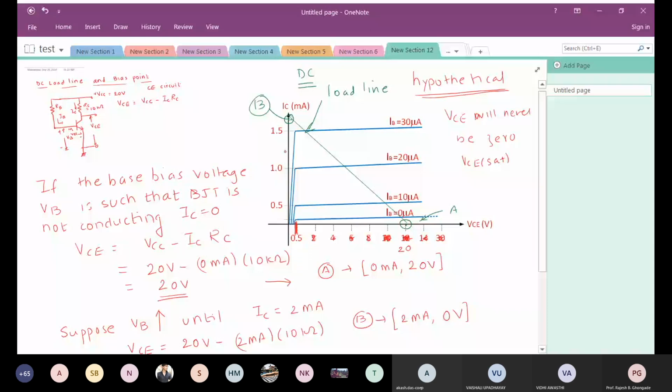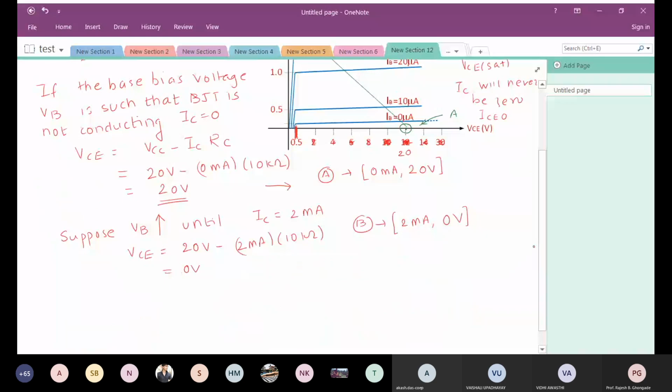Similarly, IC will never be equal to 0, but will be ICEO. That is the reason why these regions don't occur practically. These 2 points are hypothetical points. This is just a method of drawing the load line.